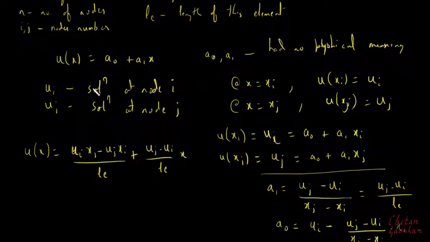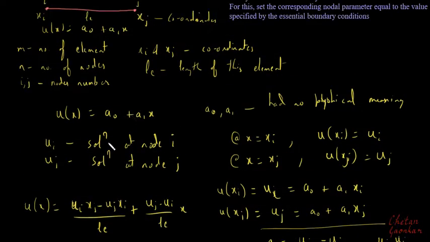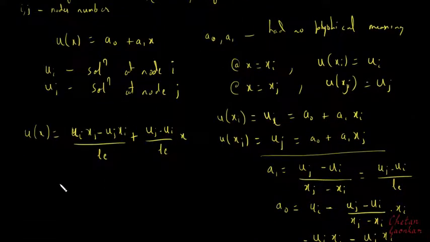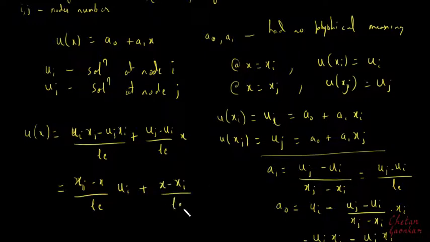That is the approximate solution in finite element method. In place of unknown parameters, we have the unknowns as the solution at the nodes ui and uj. If I do that, I will get xj minus x divided by le times ui plus x minus xi divided by le times uj.